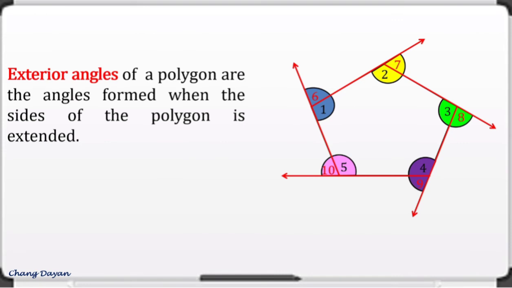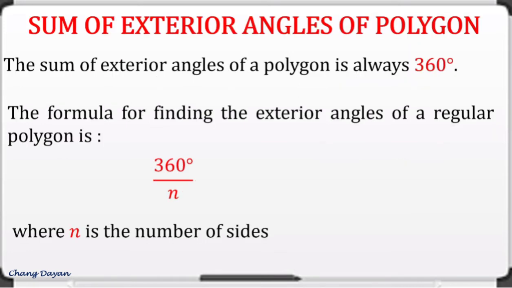So let us have exterior angles. When we extend each side, it will create an exterior angle. Okay. So here, the exterior angles are angle 6, angle 7, angle 8, angle 9, and angle 10.